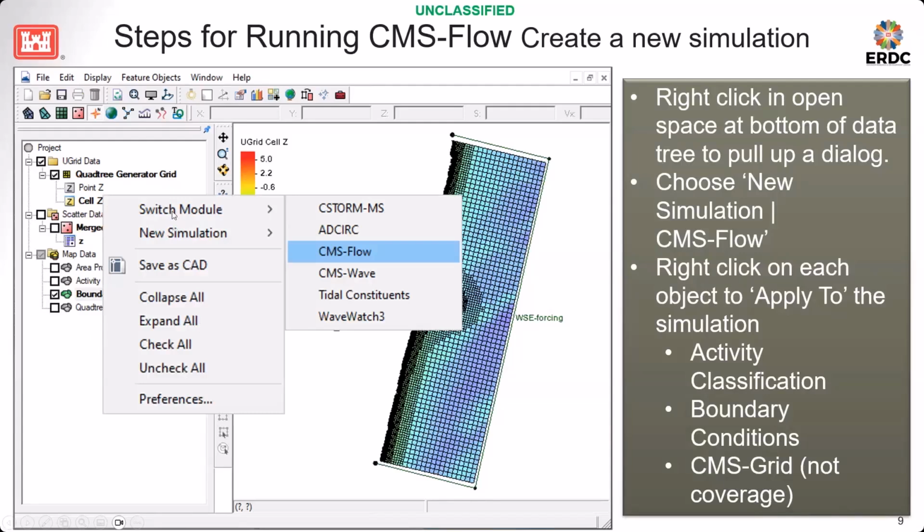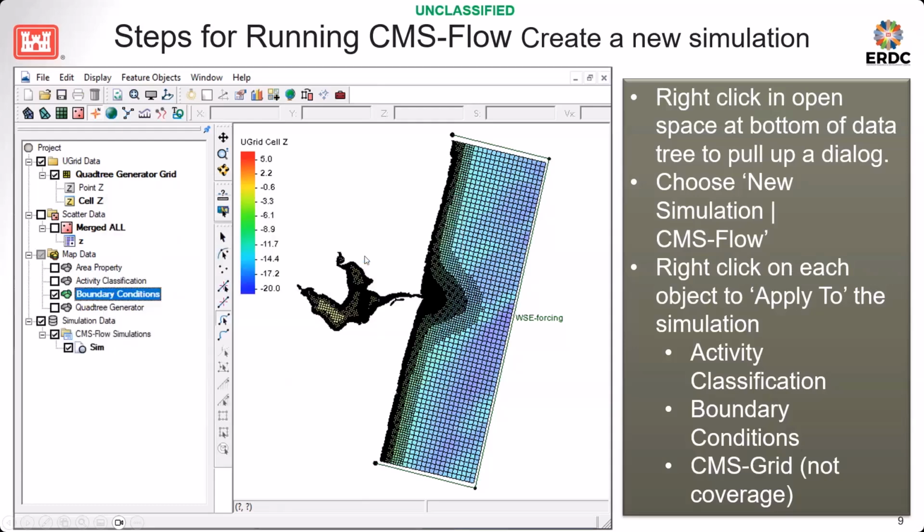Something like this, not quite as big, will show up, and you just choose new simulation, and you have several choices. This is an old list. The new SMS 13 has maybe 13 or 15 different models that they've added now. But for our case, we're going to choose CMS-Flow.